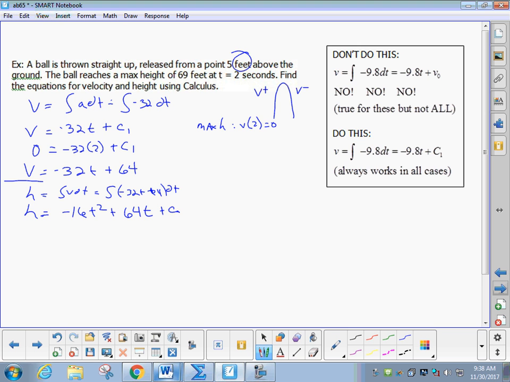And a new constant. There are two height conditions you can use. Give me one. 0, 5, the initial height of 0.5, or we can also use 2, 69. You'll find they come out the same way, but let's use 0, 0.5 because it's cleaner. That implies that the height equation is negative 16t squared plus 64t plus 0.5.